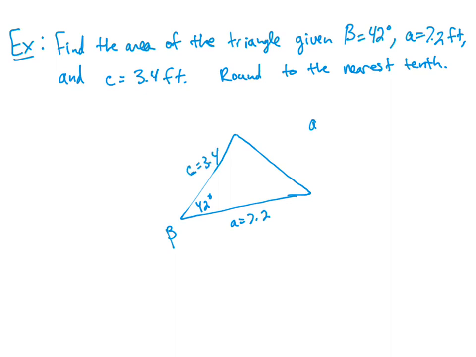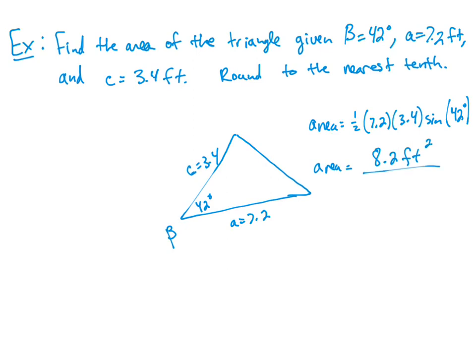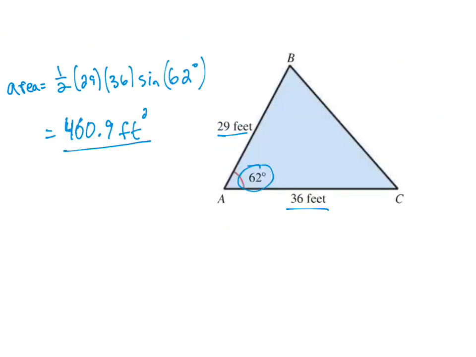So again, same thing, the area is going to equal 1/2 the first side times the second side times sine of the included angle. Doing that in the calculator, we get about 8.2 feet squared. I think the previous one I just put feet. So feet squared, when we're talking about area, the unit should be squared. So over here, this should be squared.